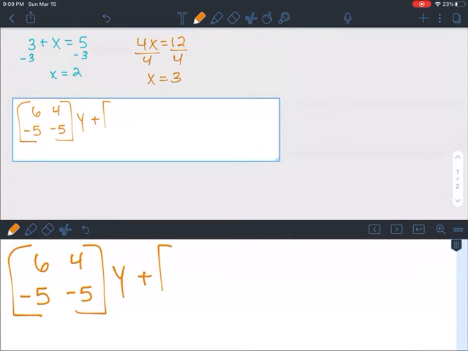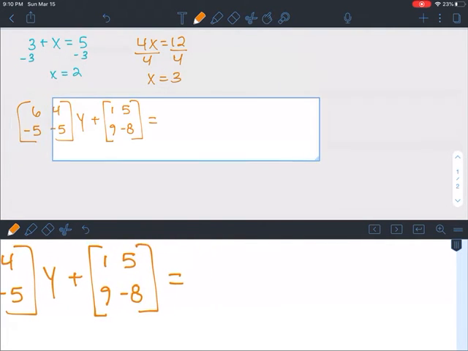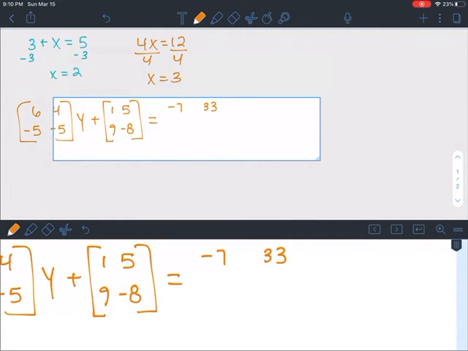I'm going to call it y. And then I added it to the matrix 1, 5, 9, -8. And I said that that equaled the matrix -7, 33, -1, and -28.